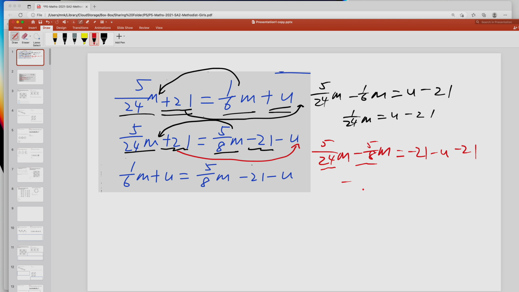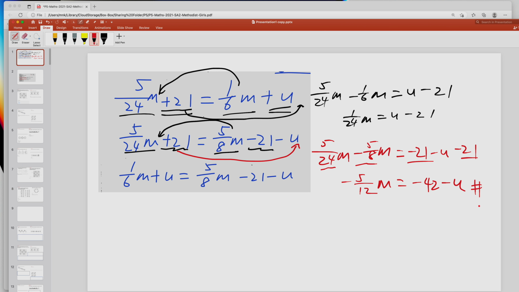What's the answer? Minus 5 over 12. Let me double check. So it's 5 over 24 minus 8, 5 over, yeah, very good. So it's m. And then you have this one minus, so it's minus 42 minus u. Yeah. So this is another one.